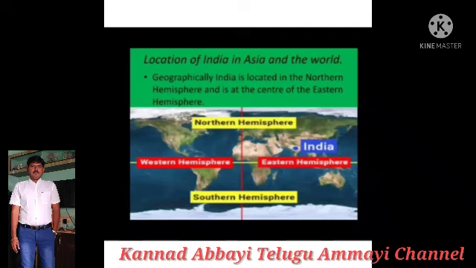Here India is located in the northern hemisphere, and it is totally located in the center of the eastern hemisphere. That is the reason we can write that India is located in the northeastern hemisphere, north and eastern hemisphere. This is the exact location of India in the world map.